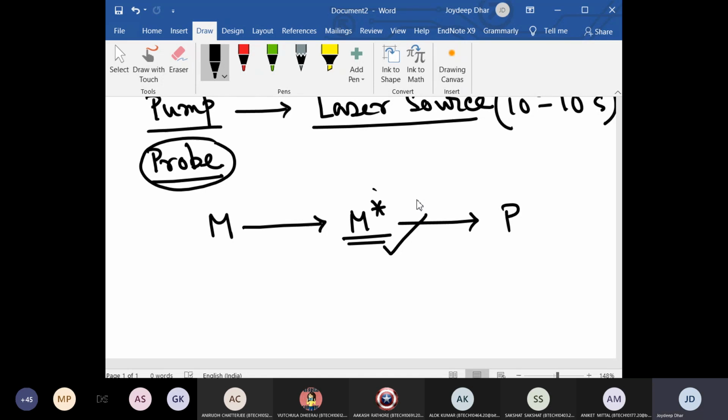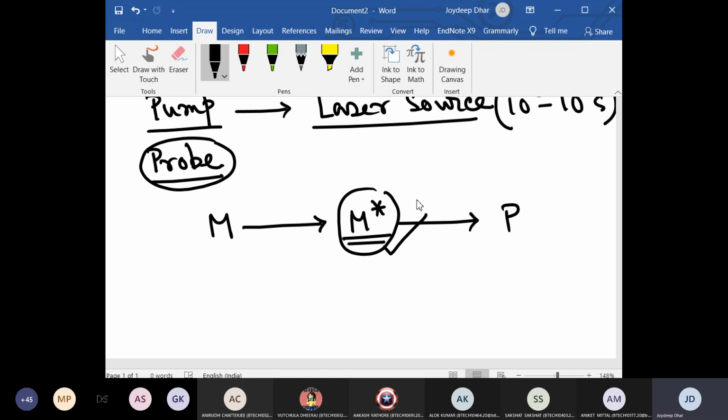This M star will be converted into product, so we will monitor its lifetime, or how fast it is decaying. We will study by varying the time scale, by changing the nature of the probe.